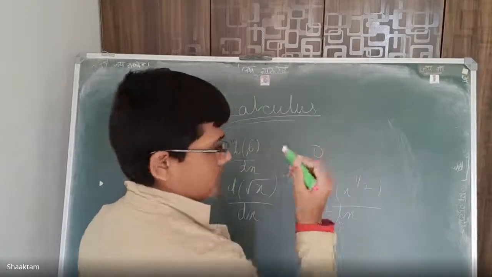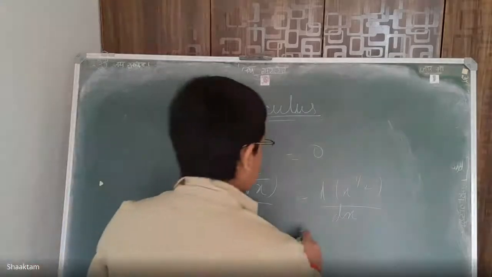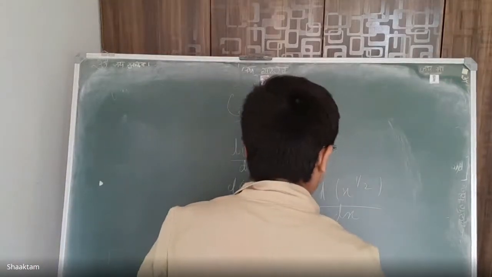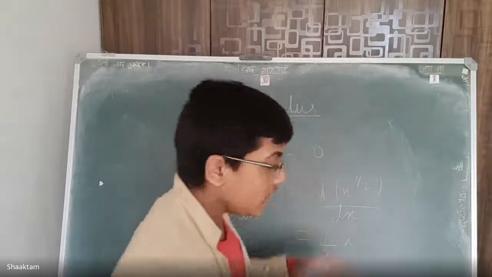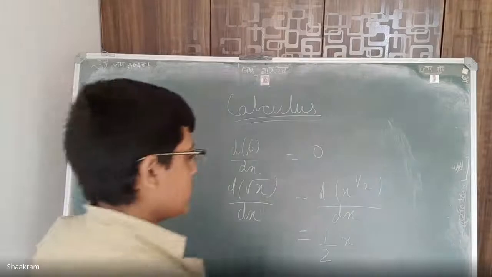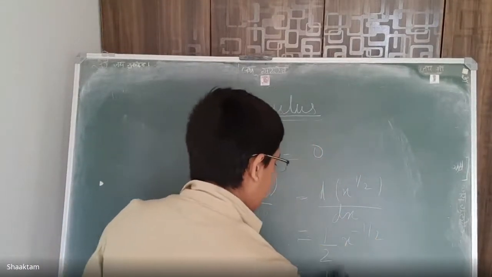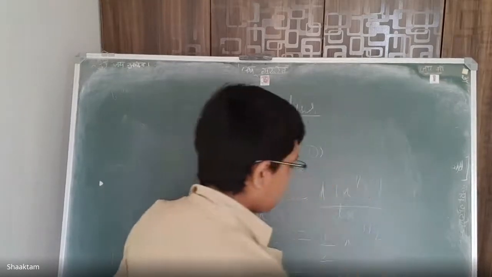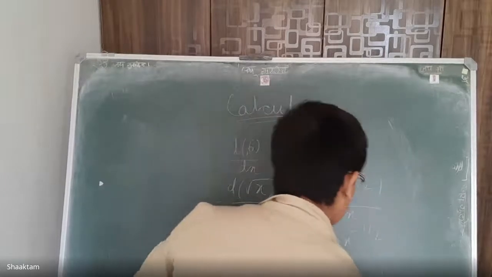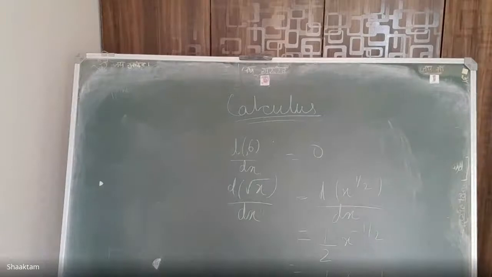And from the first formula in the table which I had drawn, this will be half of x raised to half minus 1, which is minus half. So this is half into 1 by x raised to 1 by 2, and x raised to 1 by 2 can be expressed as root x. So 1 by 2 root x.